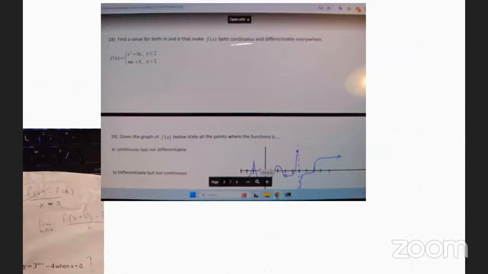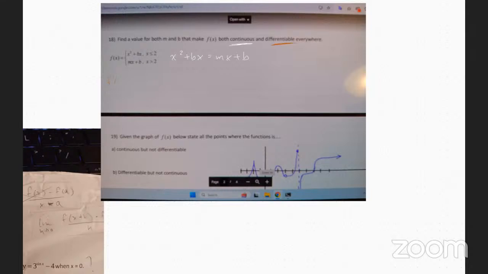X squared plus bx would have to equal mx plus b, right? Yeah, and the derivatives of those would have to be equal. Exactly. So you remember doing this? Yeah. And for it to be differentiable, you take the derivatives. So it's 2x plus b and then m.